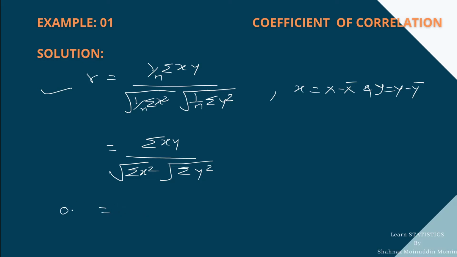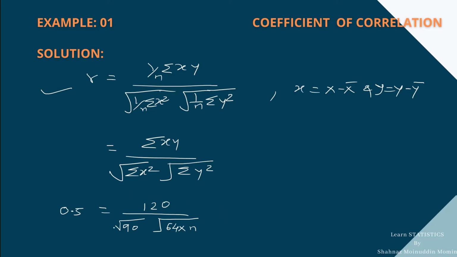We are given r is equal to 0.5, which is equal to 120 divided by under root summation x square, which is given as 90, and summation of y square we have calculated, it is 64 into n.